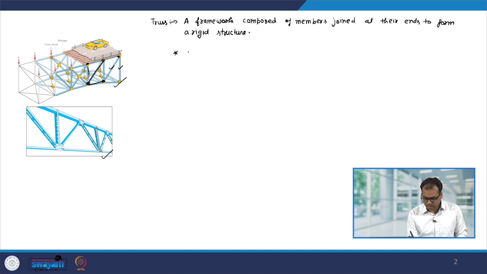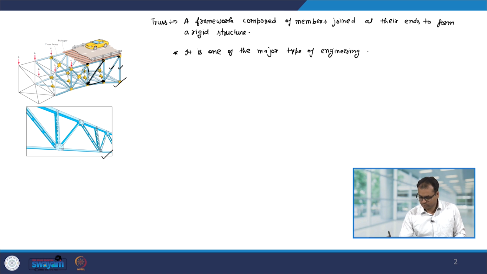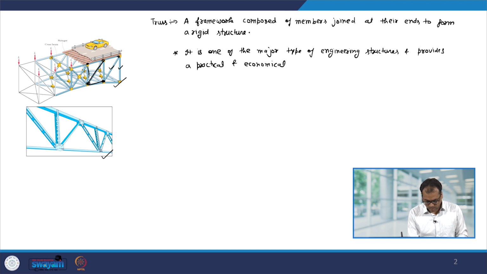This truss is one of the major types of engineering structure and it provides a practical and economical solution in design of bridges and buildings.